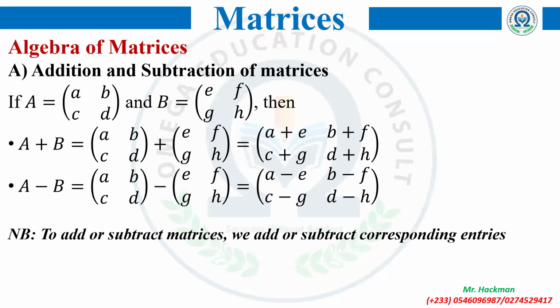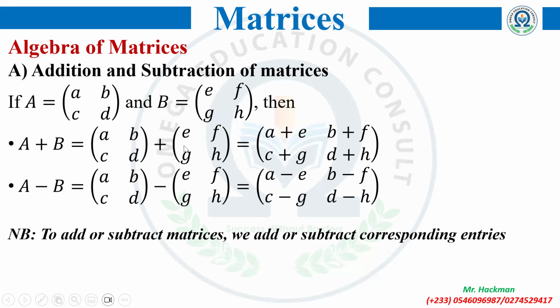In the same way, for you to add and subtract matrices, your matrices should be alike. And when we say matrices are alike, it means they have the same order. So before you can add and subtract matrices, they should have the same order. I hope my point is well made. If the order is not the same, you cannot add. You can't talk about combining them with addition or subtraction.